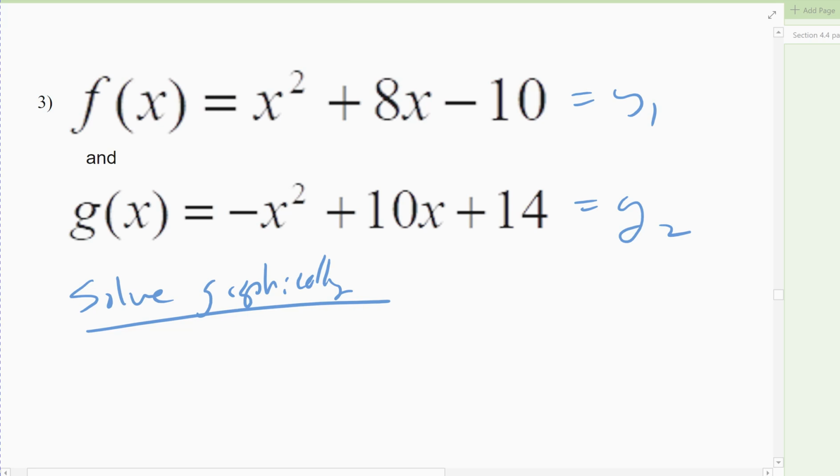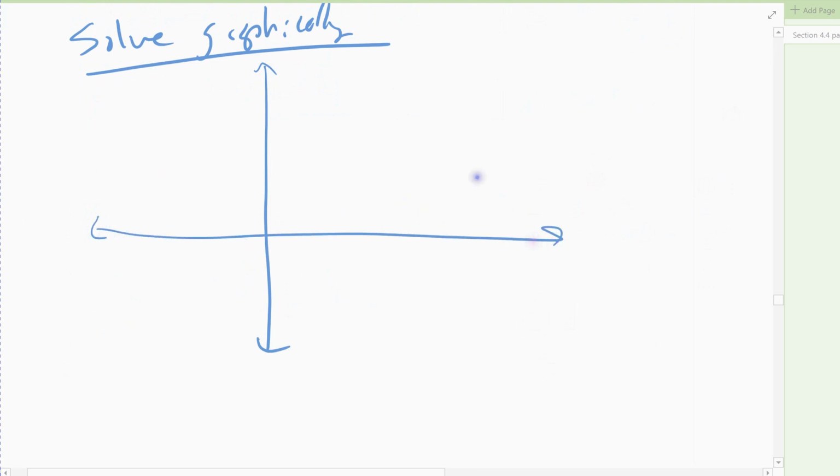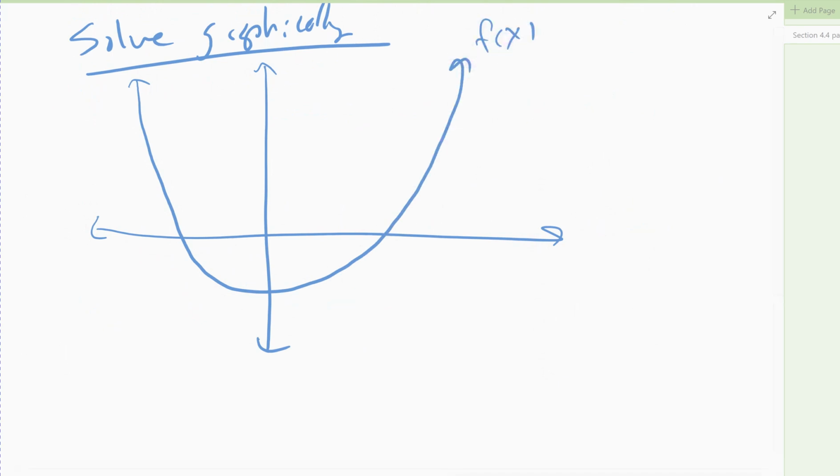Now, I've done the work on the calculator, but I've got to show the reader, ergo your teacher, that that's what I did. So when you show your work, if you're solving it graphically, show the picture. My first curve, which I'm going to draw blue, was my f of x. And then I'm going to go to red and mark off my points and make sure I got them.